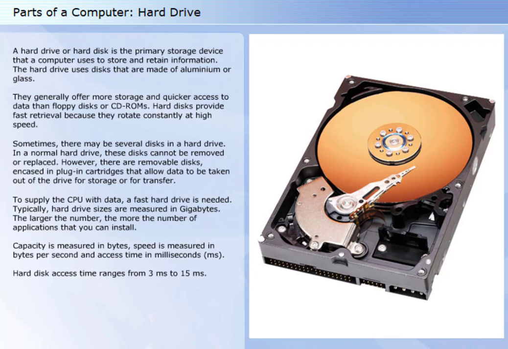The larger the number, the more applications that you can install. Capacity is measured in bytes, speed is measured in bytes per second, and access time in milliseconds, ms. Hard disk access time ranges from 3 milliseconds to 15 milliseconds.